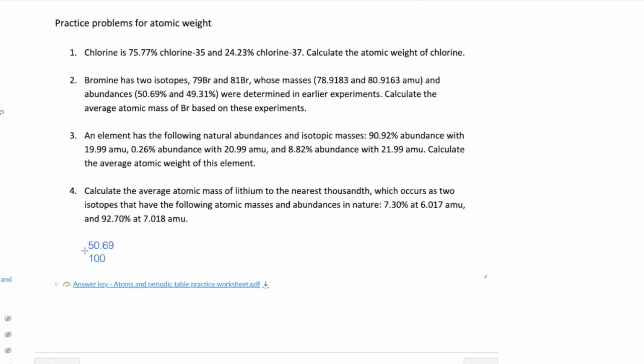Now times 78.9183. So this is for bromine-79.